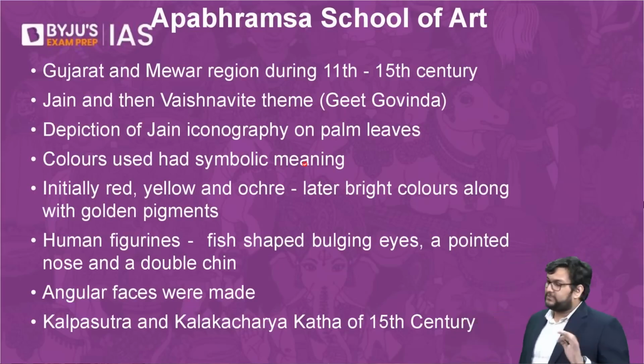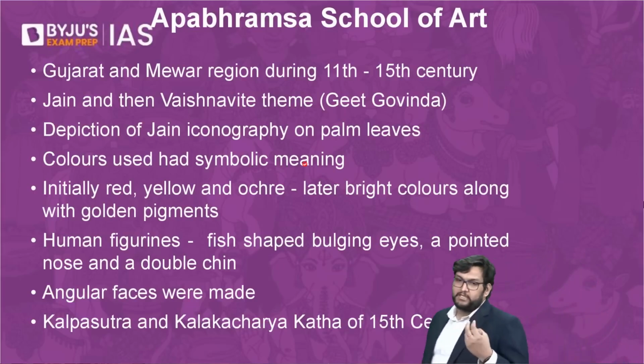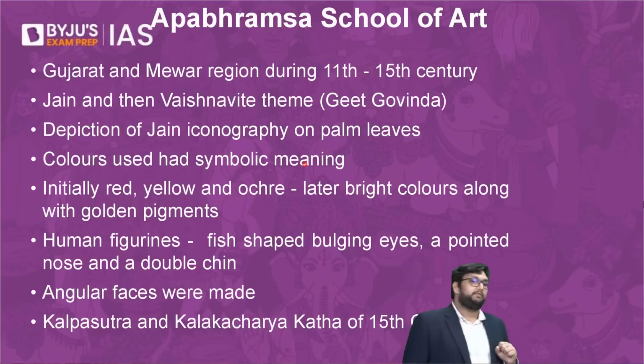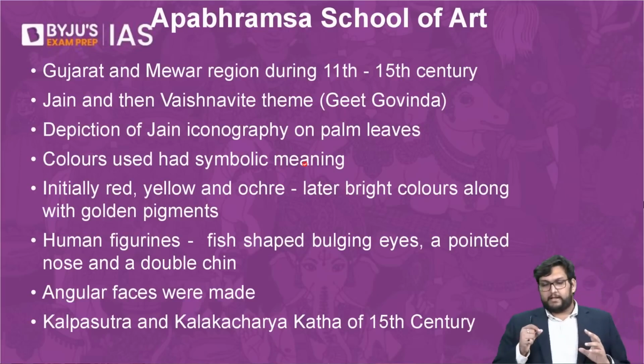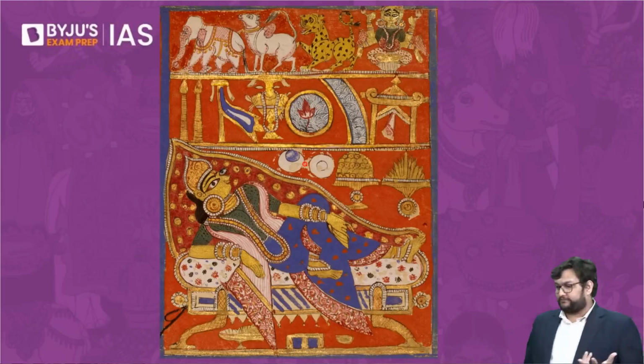Apabhransham School of Art, which was very common in the Gujarat, Mewar region itself, what we see is that they are known to revive a lot of the things which we see maybe in Lepakshi, but they will change the thematic totally.